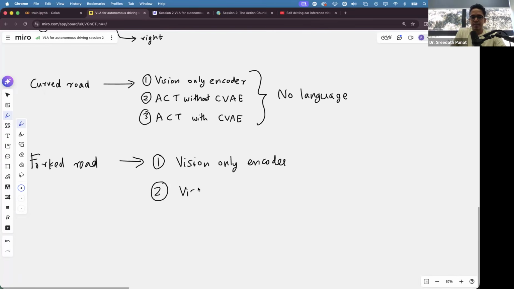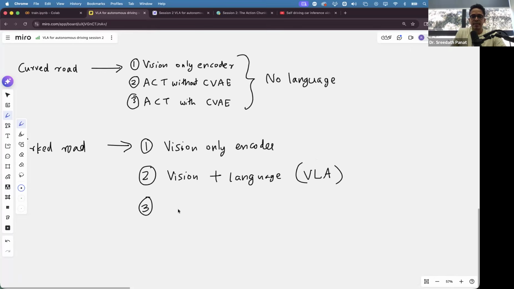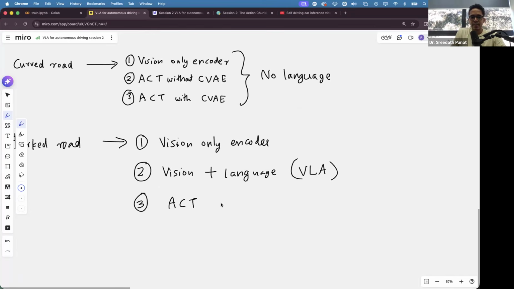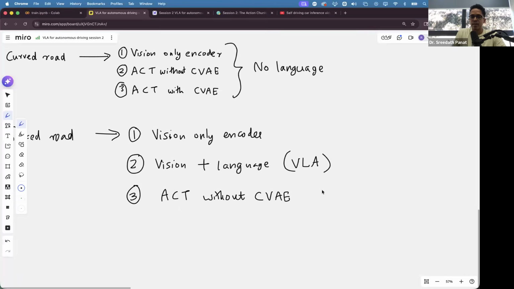Another one is vision encoder plus language, so a vision plus language encoder. Now this is VLA. This we can try. Second is ACT without conditional variational autoencoder. This we can try, and this has no language.